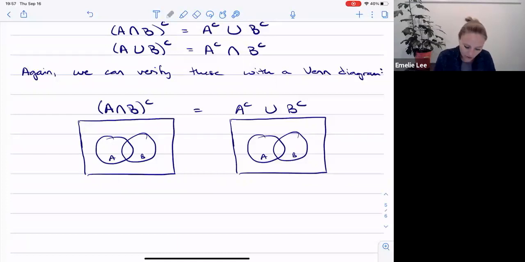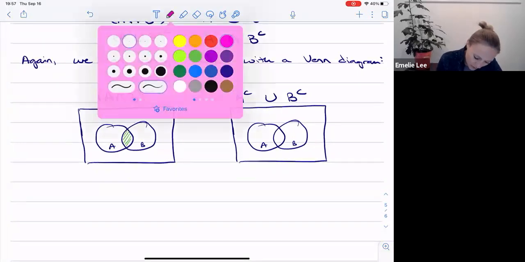Okay, so we're going to want to shade in the area for A and B temporarily, right? Because then we want to take the complement. If you don't need to do that, then that's fine, but I'm going to do it and then undo it. You'll see what I mean here. So A and B is this area, right? Which means that if I want the complement of A and B, that's going to be everything outside that area.